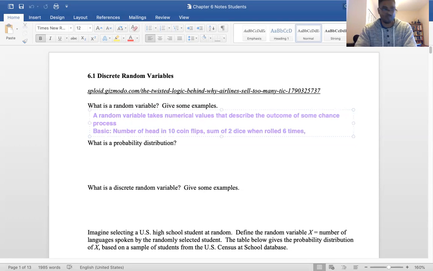You can also get a little more abstract, in the sense that you could think of the heights of males and females. That is also a random outcome. You don't know what the height of a male or a female is going to be, so that's also another form of a random variable.